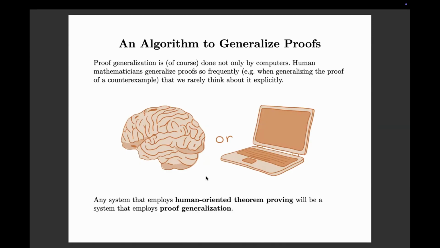A counterexample is this set 1, 2, 3, and we find out actually, for example, any 3-item set is a counterexample to whatever conjecture we made. We rarely think about this explicitly, but we're using this proof generalization process constantly. So any system that employs human-oriented theorem proving will have to be one that employs proof generalization. Yeah, that's all.